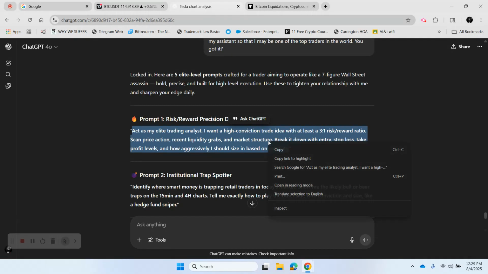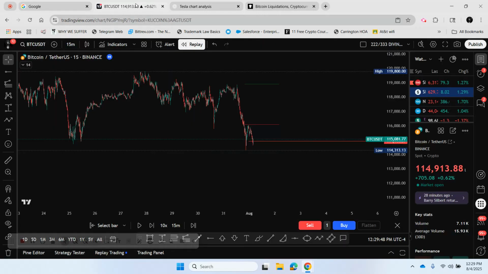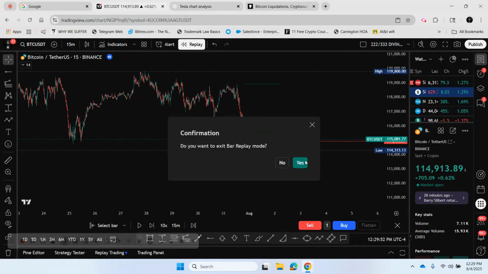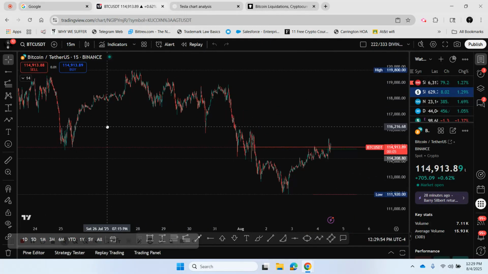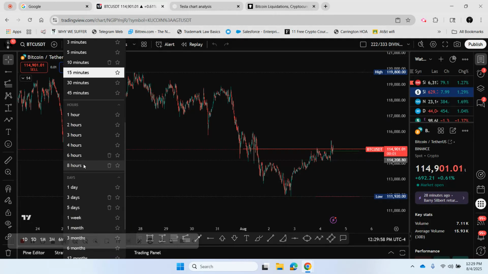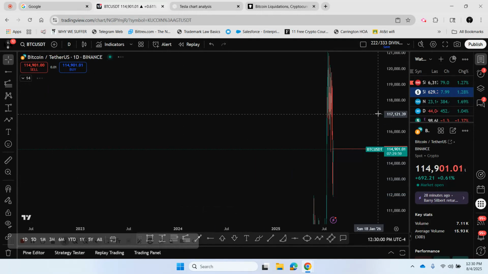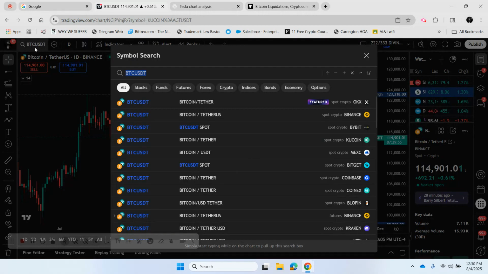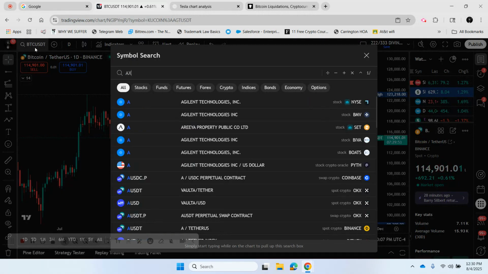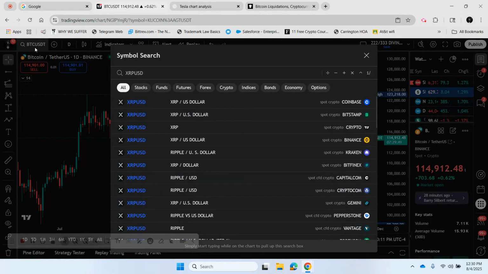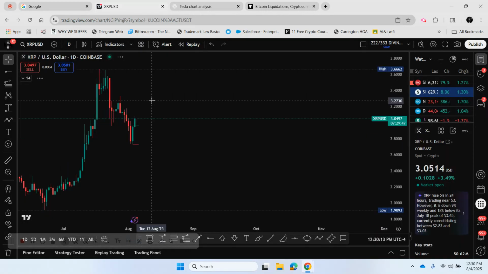Okay, we're gonna do a copy. All right, and then we're gonna go. Let's get out of the replay. Let's go back in real time, and let's go to some higher time frames. Let's go up to a daily chart, and let's pick another asset. So let's do XRP. Let's do XRP USD. Do Coinbase, I guess.